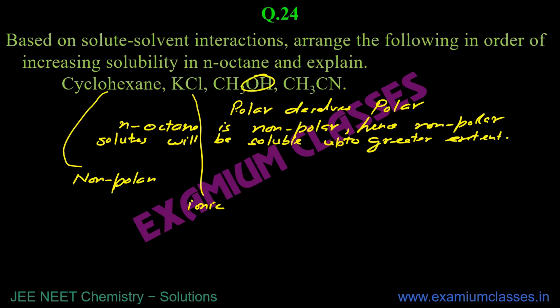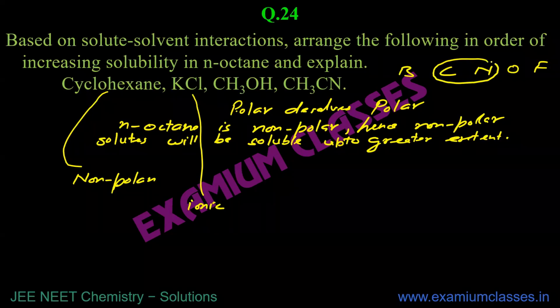C and N are very close in the periodic table, right? You have boron, carbon, nitrogen, oxygen, fluorine, like this. So the difference of electronegativities here is not very high, so less difference.